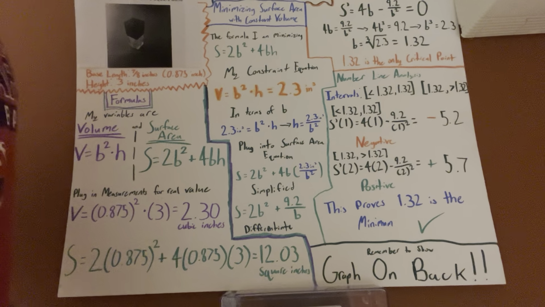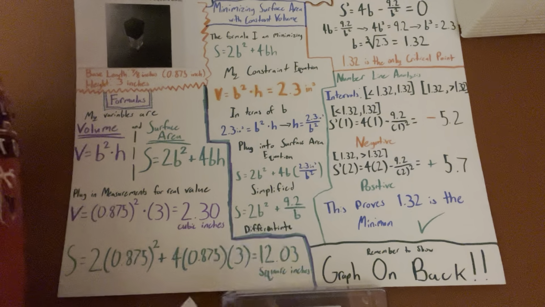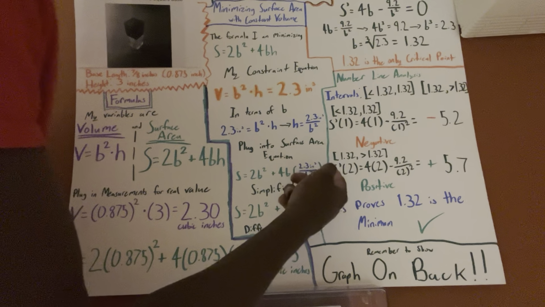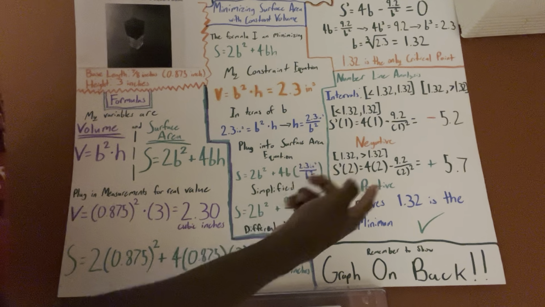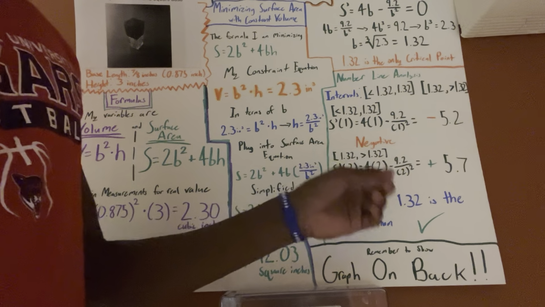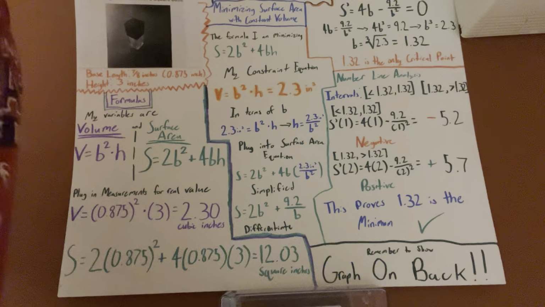My second interval, 1.32 to any number greater than 1.32. I just chose 2 because it's easier. So surface area prime in terms of 2, 4 times 2 minus 9.2 over 2 squared. I got positive 5.7, so I took note that it was positive.